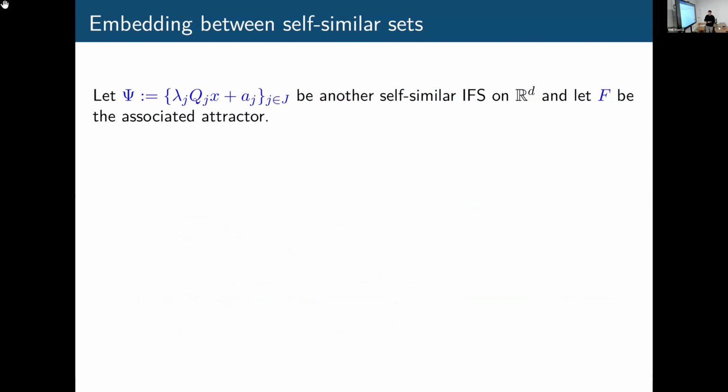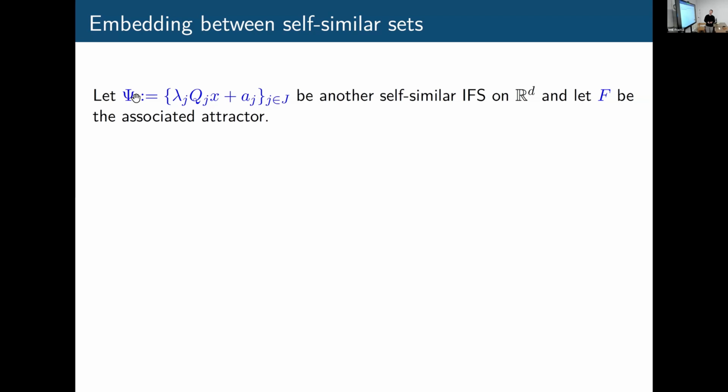Okay, so up until now, I only talked about the self-embedding similitudes from one particular self-similar set into itself. So what about the embedding between different self-similar sets? We already have in hand a self-similar set, which is K, and now we fix another one.